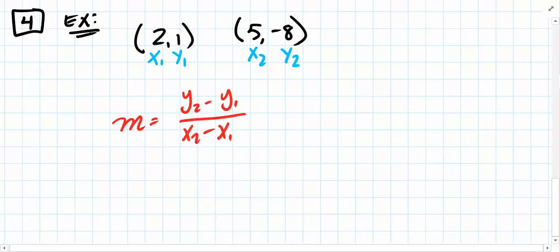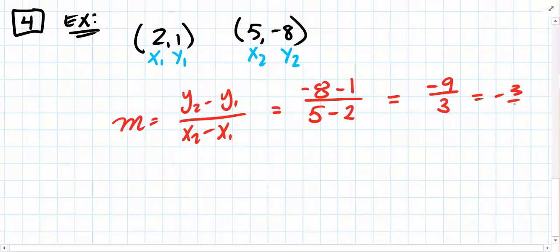I know the value of y2 is what in this case? Negative 8. It's negative 8. Minus, what's the value of y1 in this case? 1. Very good. What's the value of x2 in this case? 5. Minus, what's the value of x1 in this case? 2. Very good. Let's go ahead and compute that. That's negative 9 divided by 3. That is negative 3 over 1. So now I know the slope is negative 3 over 1.